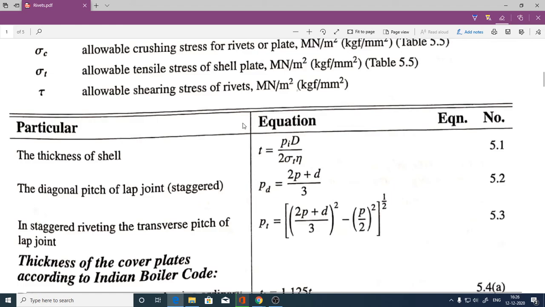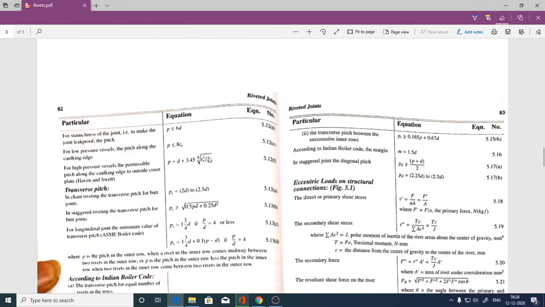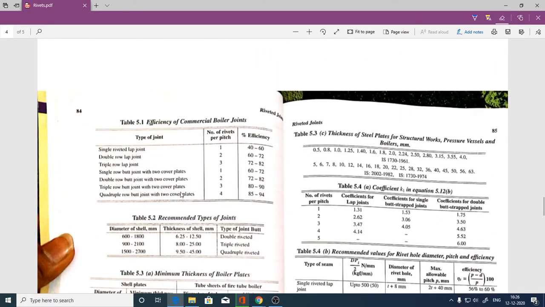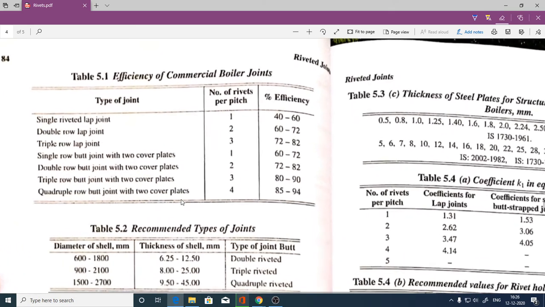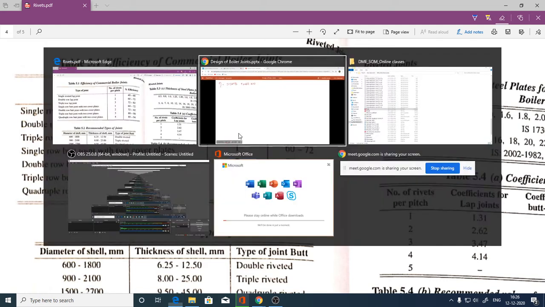Okay, so now for efficiency, you refer design data handbook, table number 5.1.